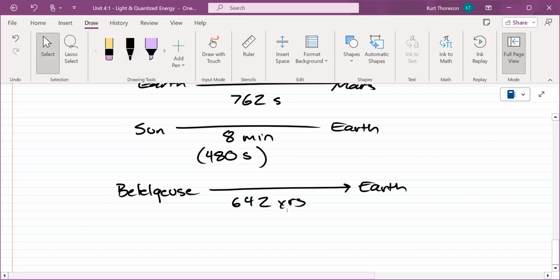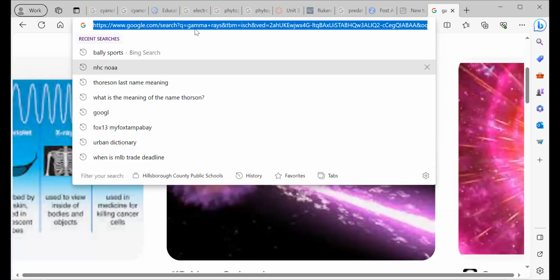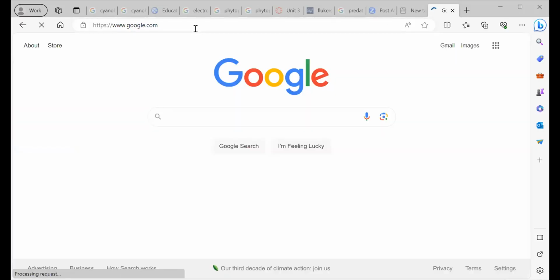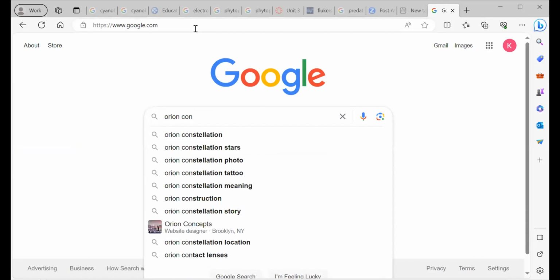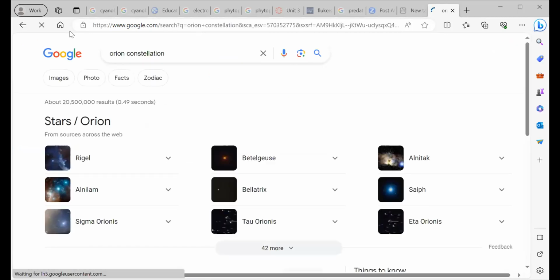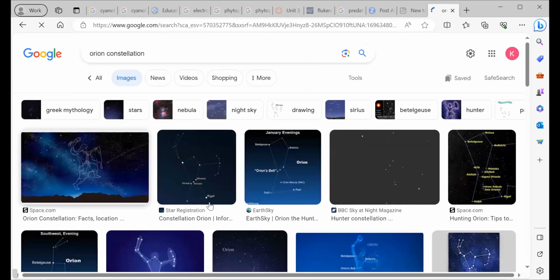So let me show you where Betelgeuse is. Let me switch my screen. Let's Google the Orion constellation. If you look up in the sky tonight, not as many people do as they should. This is the Orion constellation.